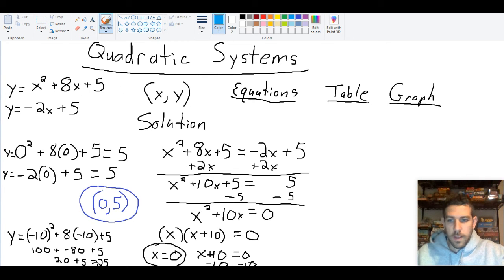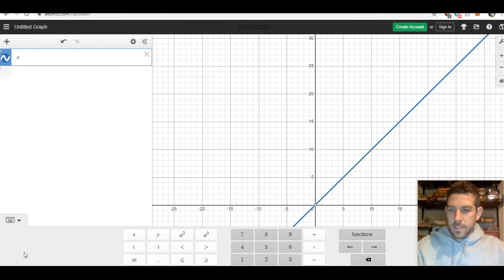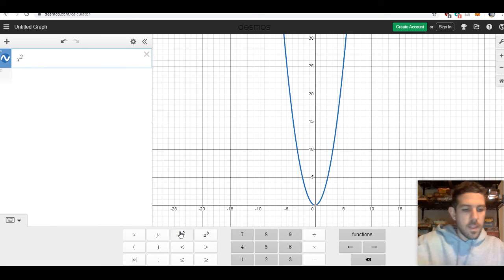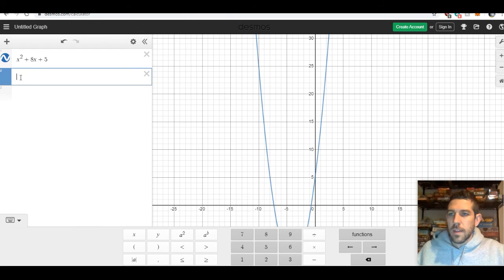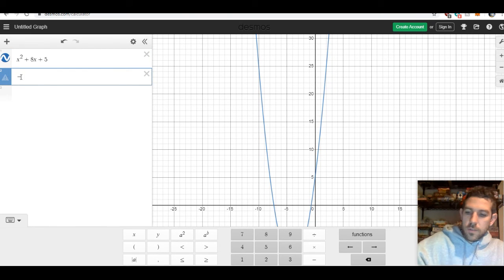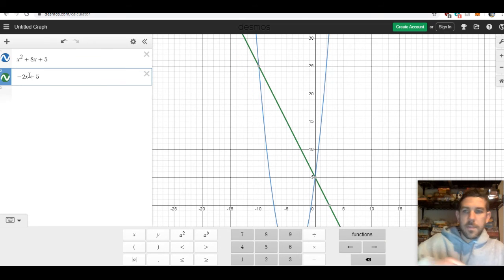Let's go do that real quick. So I'm going to pull up Desmos and enter those equations we have. It was y equals x squared plus, what was it, 8x plus 5. And we also had y equals negative 2x plus 5.